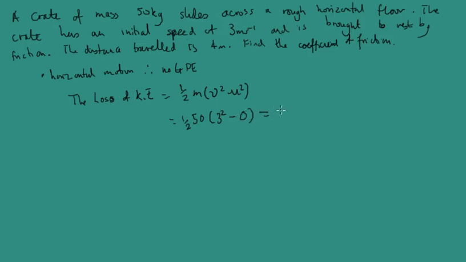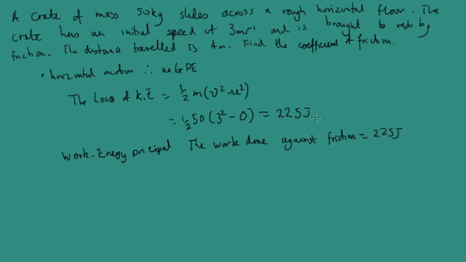So there is going to be a loss of 225 joules of energy. So using the work energy principle, the work done against friction must be 225 joules because there's no other forces at work here.